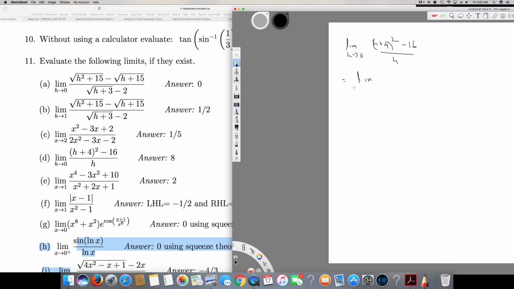So h approaches 0, h square plus 8h plus 16, this is the expansion, and minus 16 over h. 16 cancels, therefore the remaining thing is h square plus 8h. I can take the h common, so it's going to be h plus 8. In the bottom we have h, it cancels, so limit h approaches 0 of h plus 8.